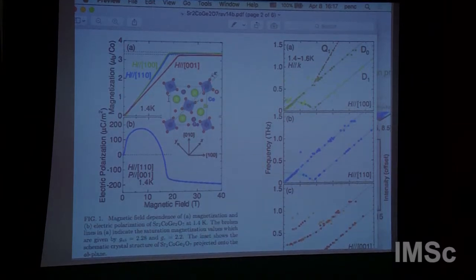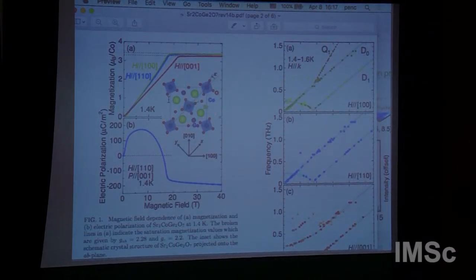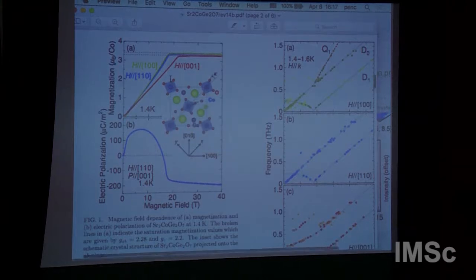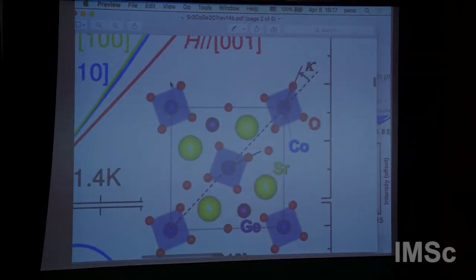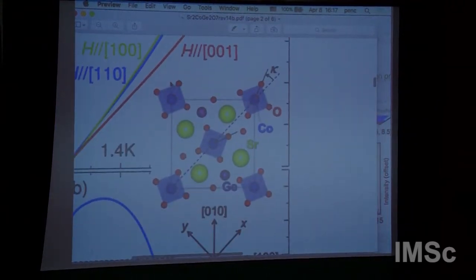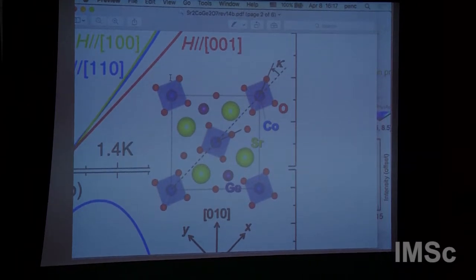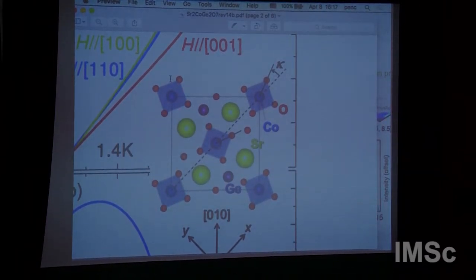Furthermore, you see these blue things here. Let's try to make it bigger. What you can see here are the tetrahedra, and in the middle of each tetrahedron sits a cobalt ion. They are tilted with respect to each other, so the unit cell contains 2 cobalt ions. Okay, so this is the material we are looking at.